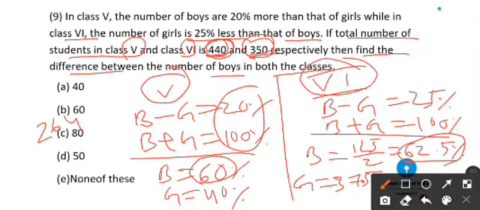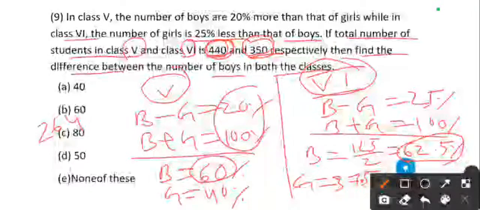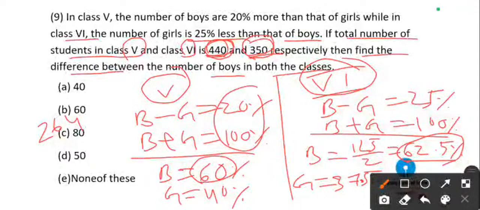Please try to calculate this one. 62.5 is nothing but 5/8 of 350. Wait a second, I don't think so.